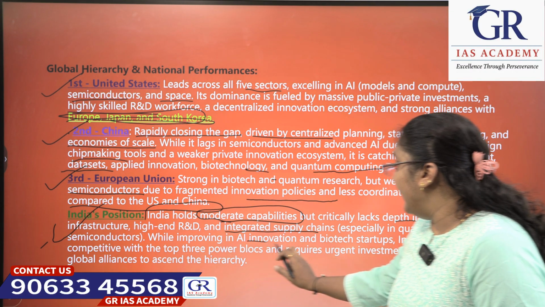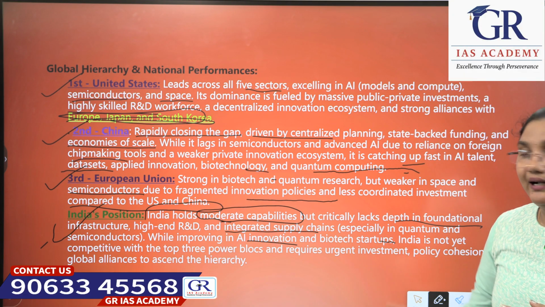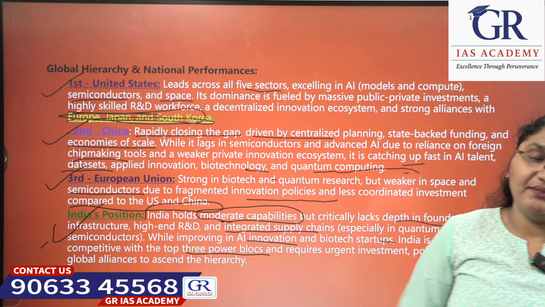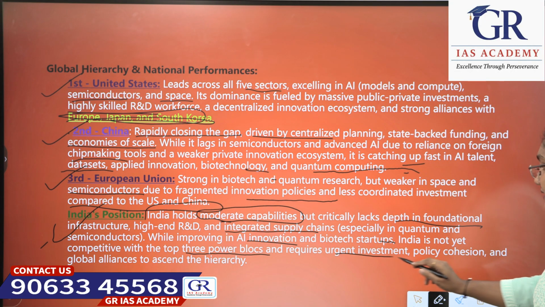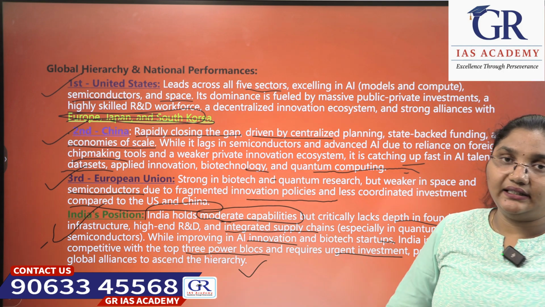Okay, while improving in AI innovation and biotech startups, India is not yet competitive with the top 3 power blocks, like the US, China and the European Union, and requires urgent investment, policy cohesion and global alliances to ascend the hierarchy.